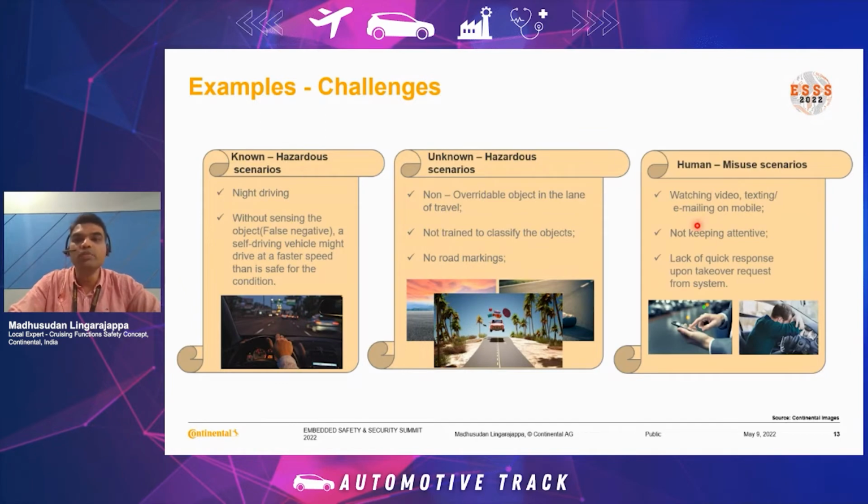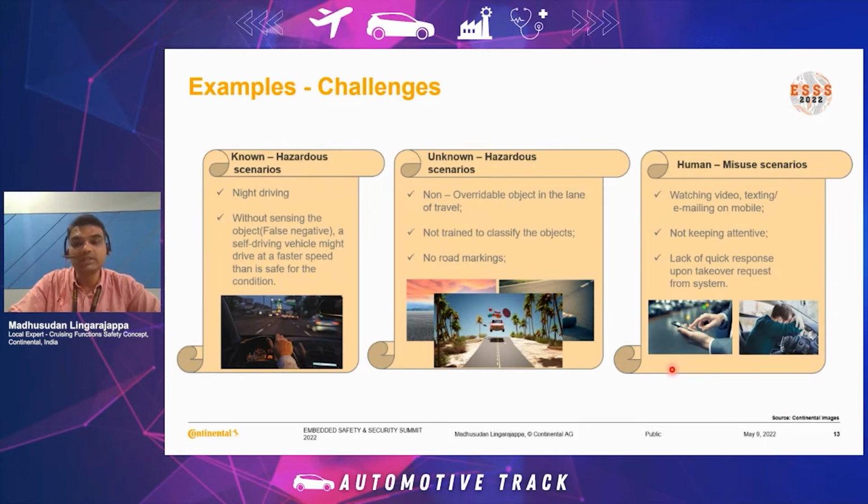Lastly, human misuse scenarios. There are certain situations where, for example, in SAE level 2, it is required that while we are operating the SAE level 2 system, the driver should always be monitoring the environment and he is the fallback.